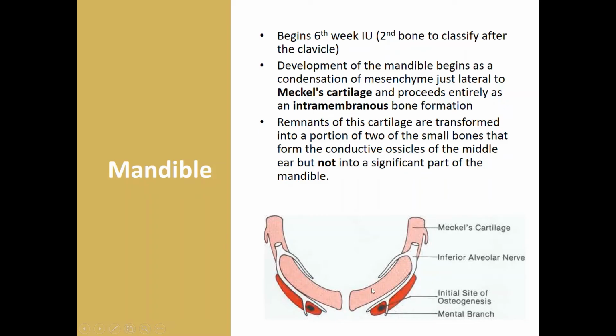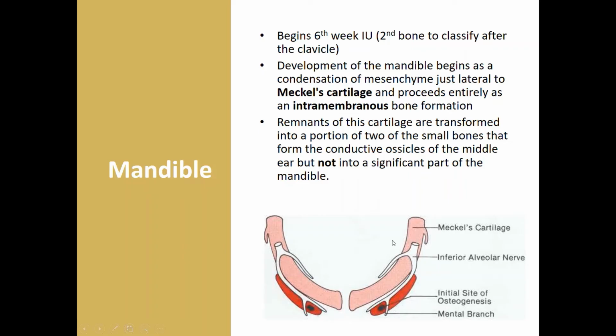So the cartilage is only important to guide the condensation of cells. It doesn't contribute directly to the formation of the mandible. But Meckel's cartilage will eventually contribute to the formation of some of the small bones within the middle ear, but not to the formation of the mandible.